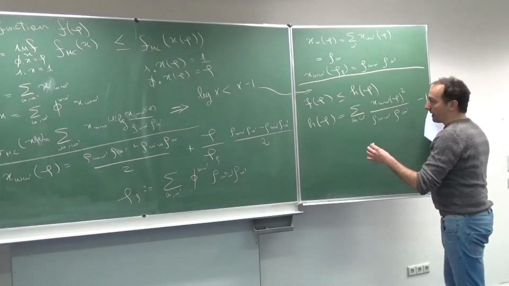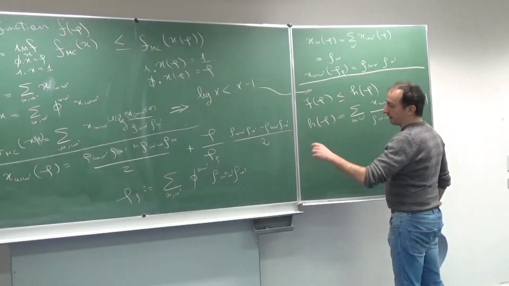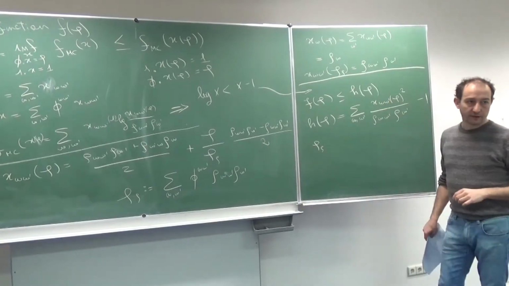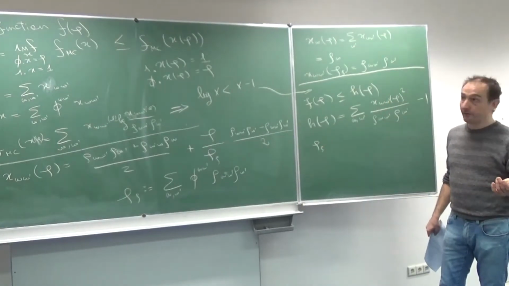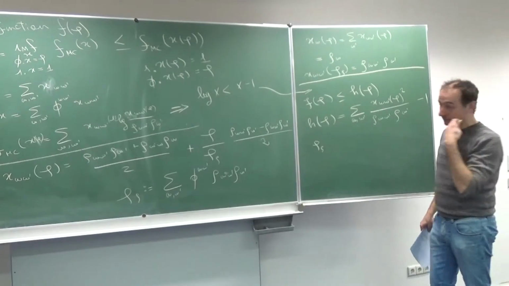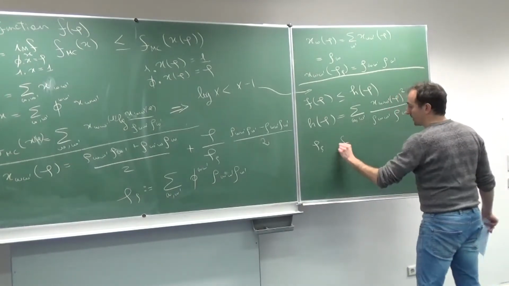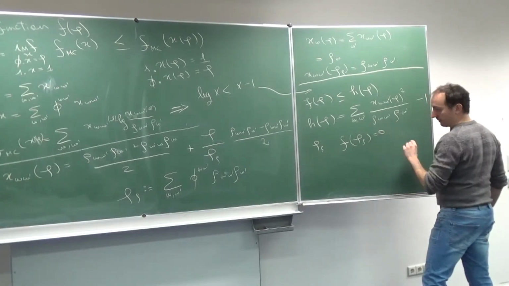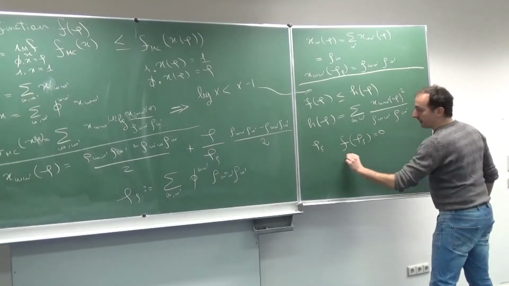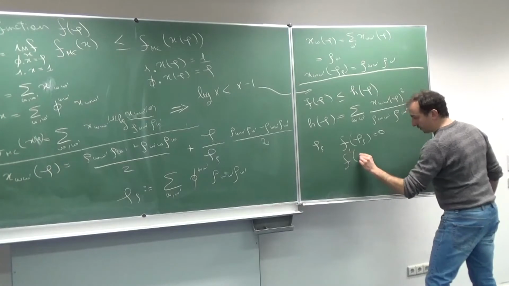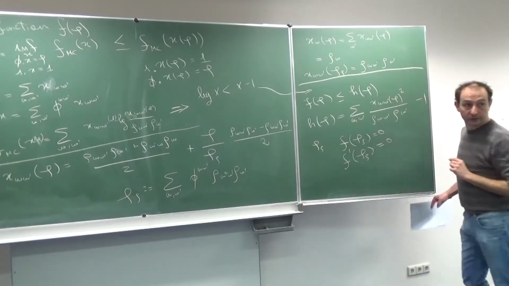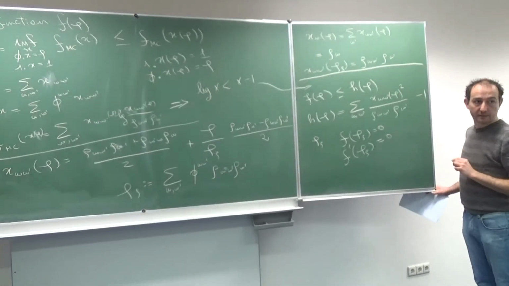I remind you that phi rho is the stationary or most probable value of the rate function. In fact, it's where we have that f of phi rho must be equal to 0, and also that the first derivative of f at phi rho must be equal to 0, because that's the most probable value.